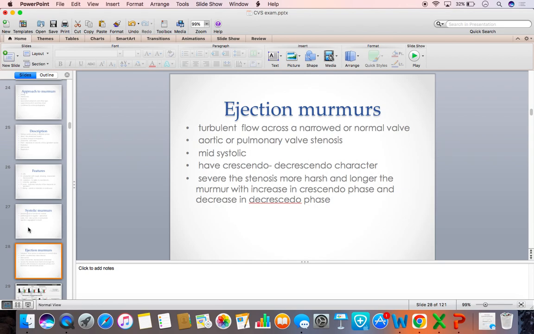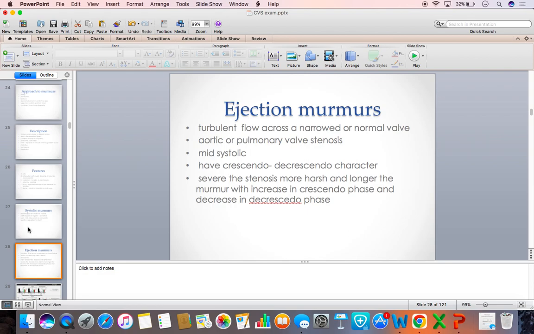Then we talk about ejection systolic murmur. The functional murmurs we are going to touch on in the next slide. Ejection systolic murmurs: turbulent flow across the narrowed or normal valve, appreciated in aortic and pulmonic valve stenosis.